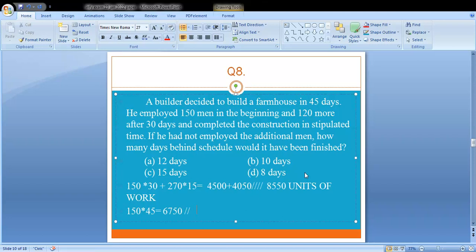So now 8550 minus 6750 will be equal to 1800 units.